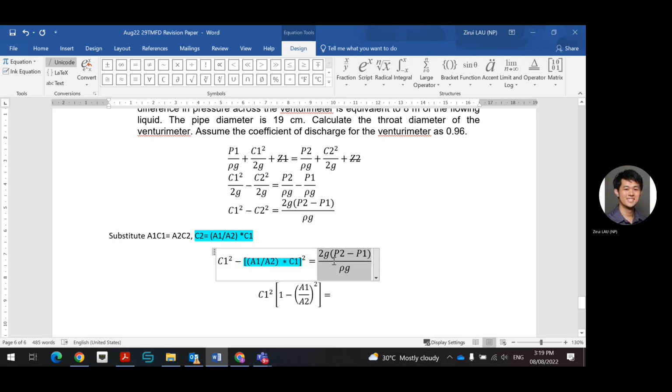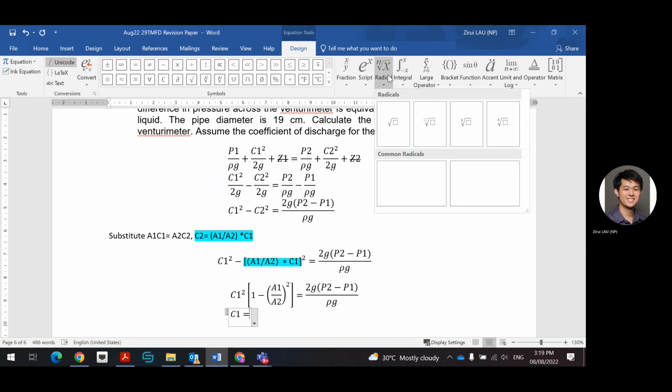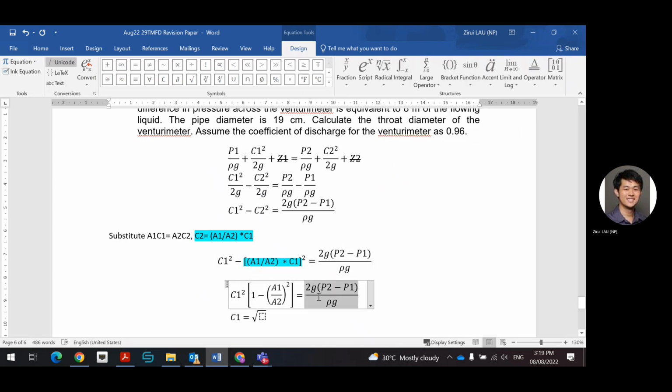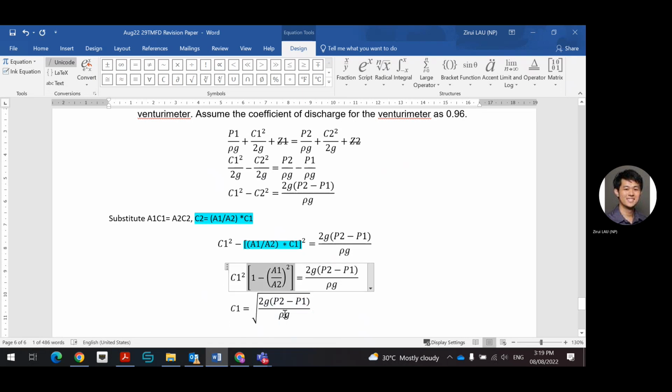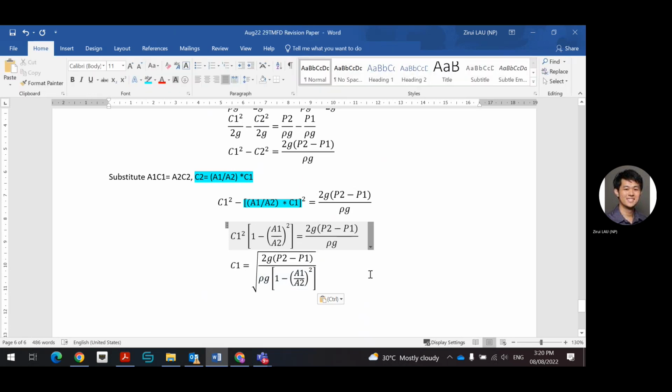So what's my C1? Okay, so this is the derivation that we have shown in class.